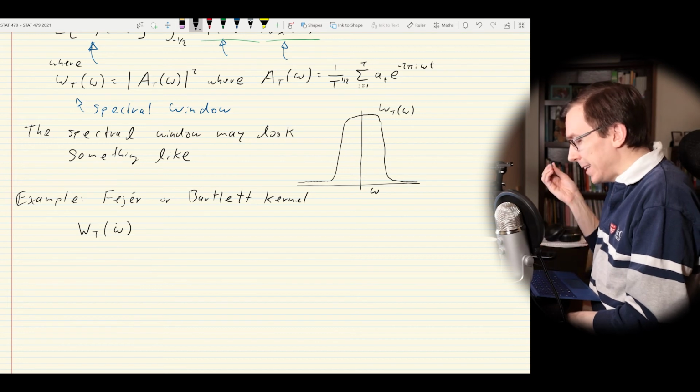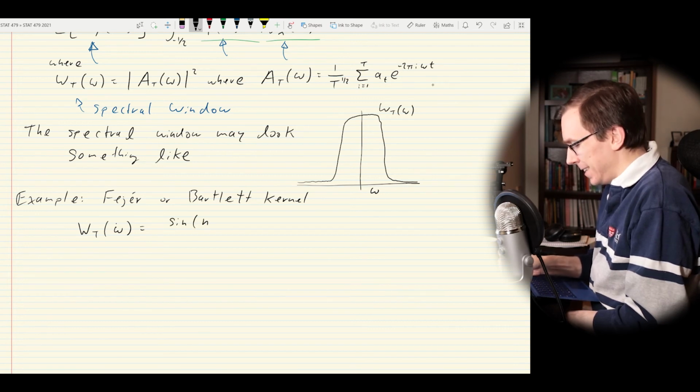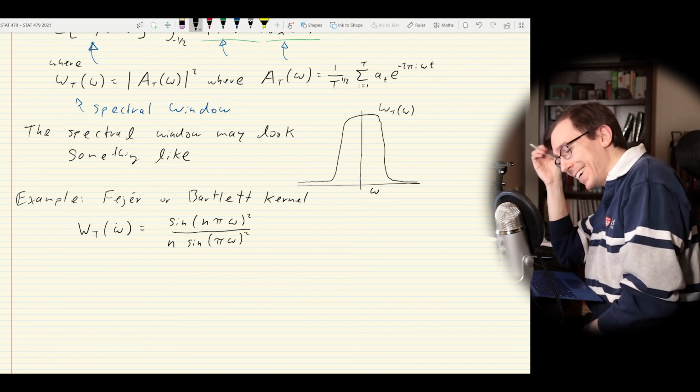Okay, anyway, the Bartlett or Fejér kernel is going to look something like the sine of n pi omega, squared, divided by n times the sine of pi omega, squared. Why is that the case?